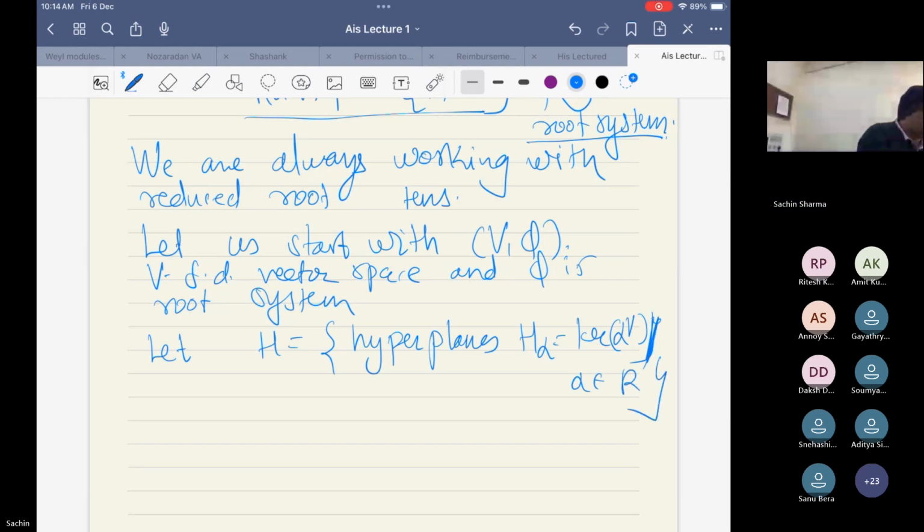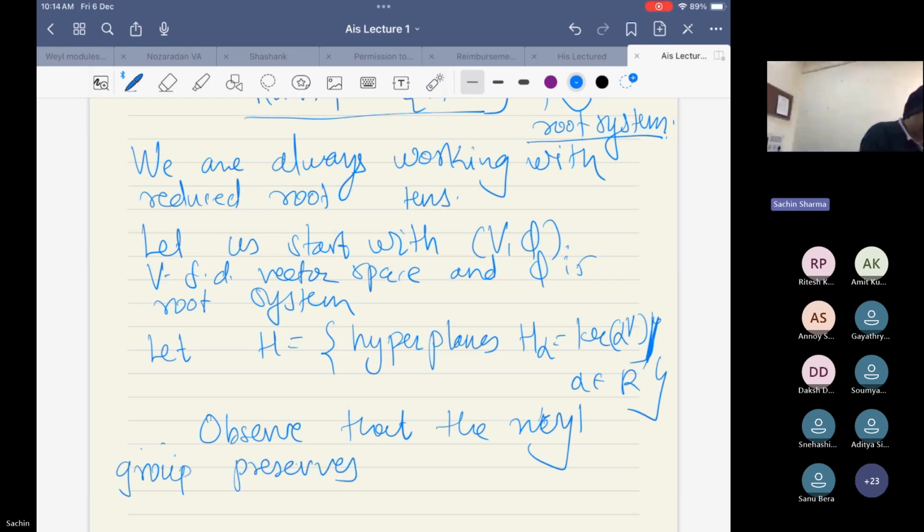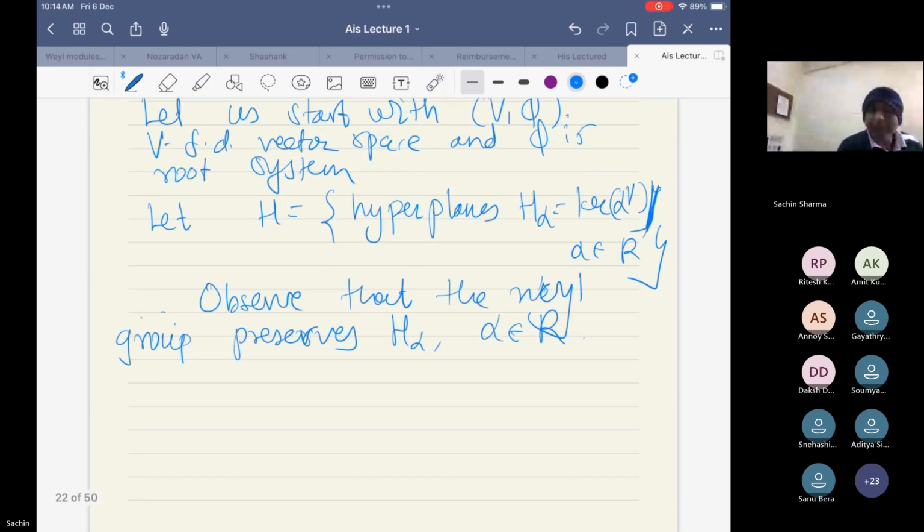Observe that the Weyl group preserves H alpha, alpha belongs to R. Why? Anybody? Suppose V belongs to H alpha.